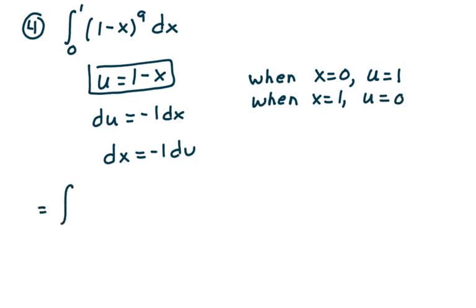And so this is the integral from 1 to 0 of u to the 9th du. But remember, there's a negative on the outside of that integral. But we can write this as the integral from 0 to 1 of u to the 9th du.